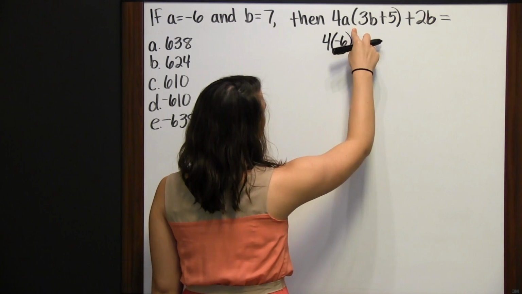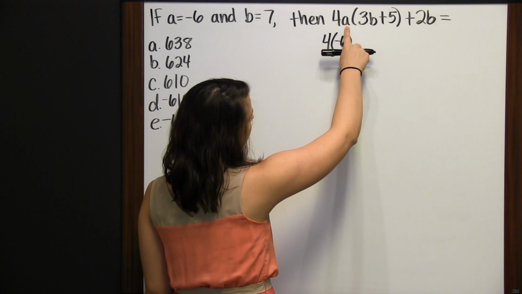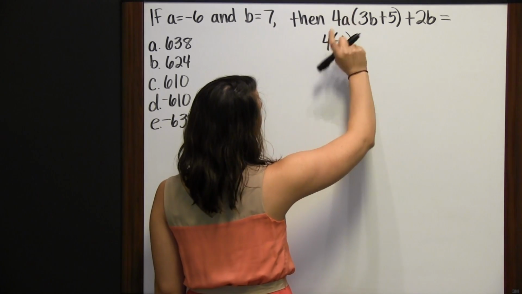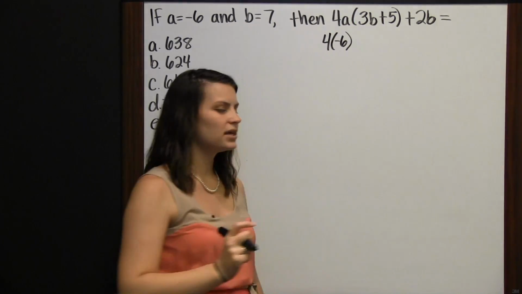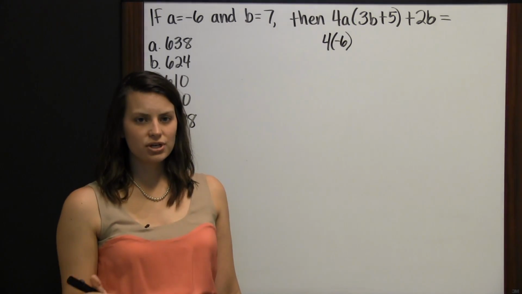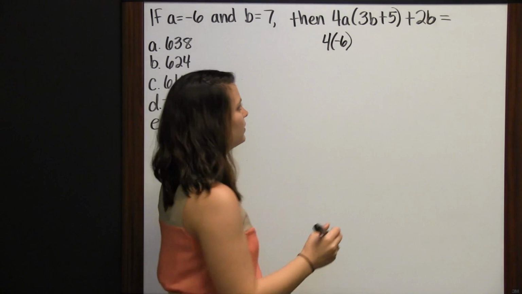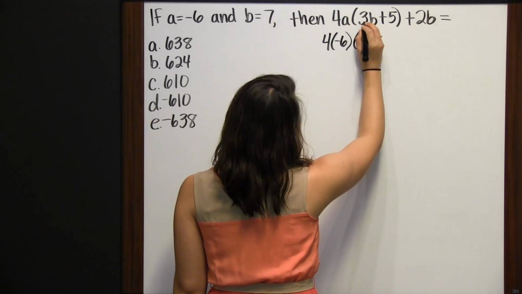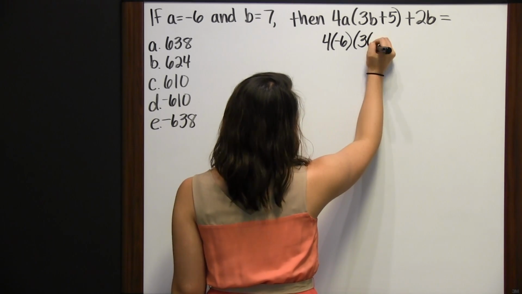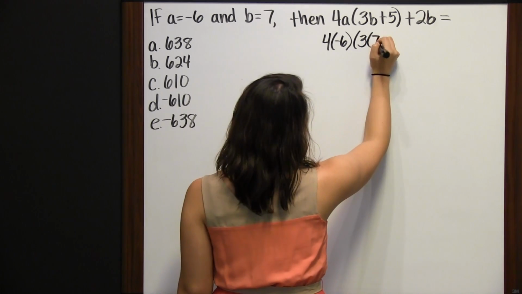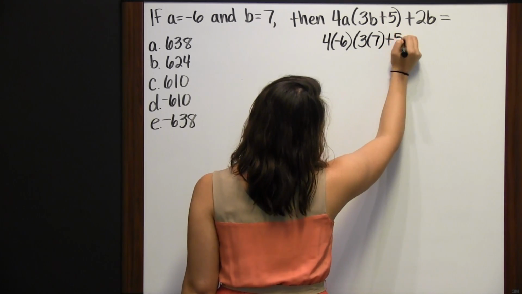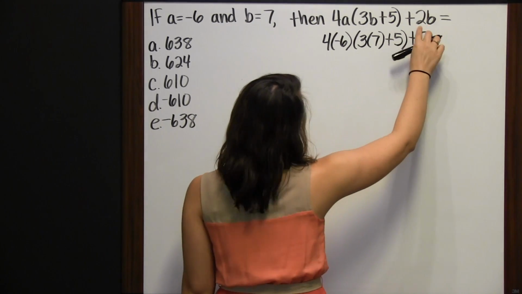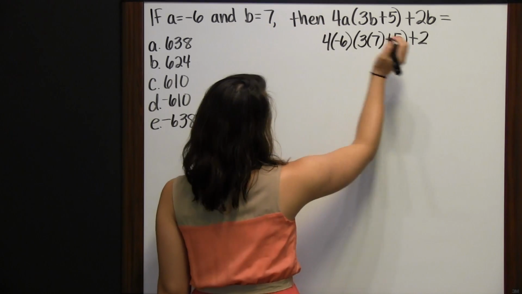And then these parentheses here, since there's no sign between the A and the parentheses, not a plus sign, not a minus sign, or a division sign, again, it's understood to be multiplication. So this is times the quantity, 3, again, times B. B is 7, plus 5, plus 2, again, times B, which is 7.